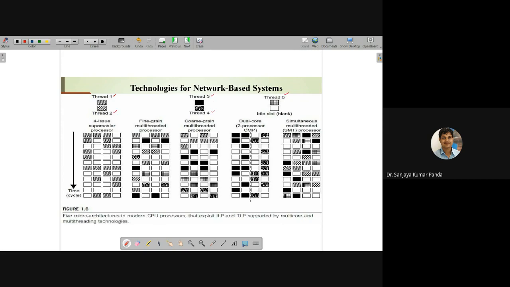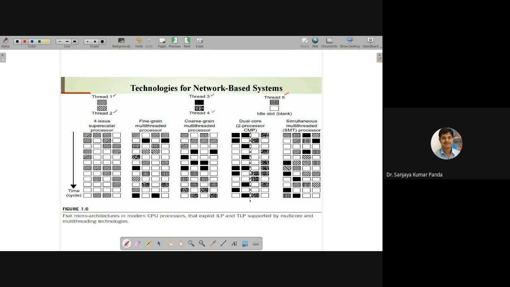These 5 threads are represented in the processor in different sketches, so that you can identify whether you can run multiple threads at the same time, or multiple threads one after another, or multiple threads in a single core.